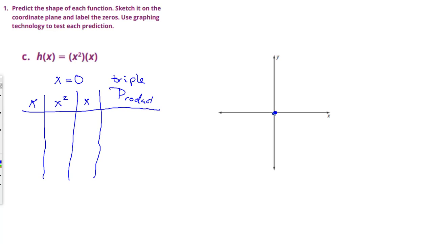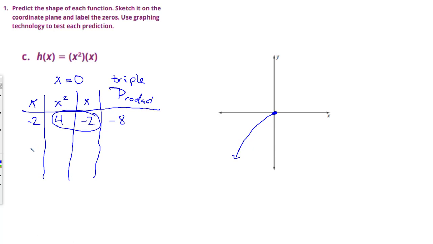And then choose a value to each side of the 0. Choose a number less than 0. -2. What is -2 squared? 4. And then times -2, and therefore their product is -8. So that means I'm gonna be somewhere over here. I'm predicting it's gonna be curved because everything that we've done where it hasn't been linear has been curved.